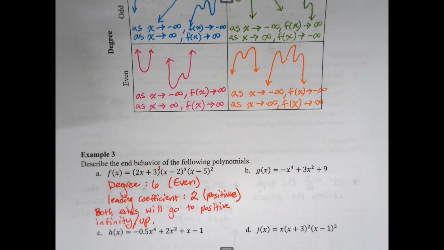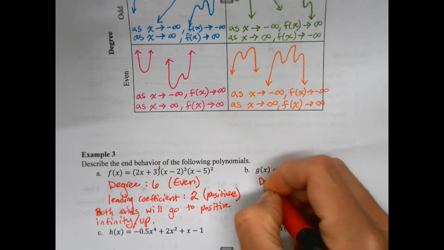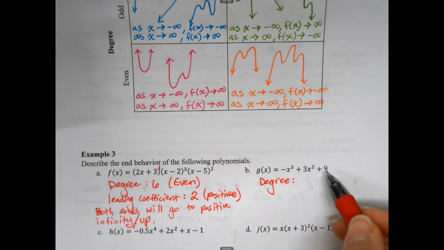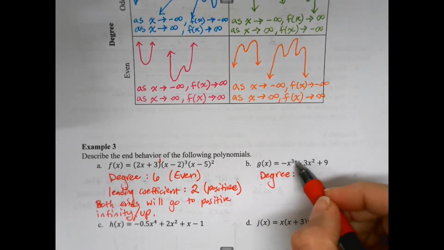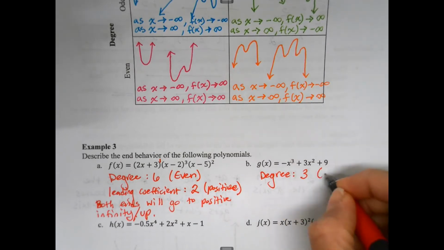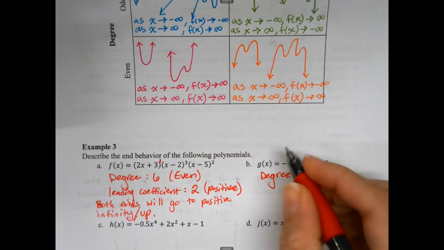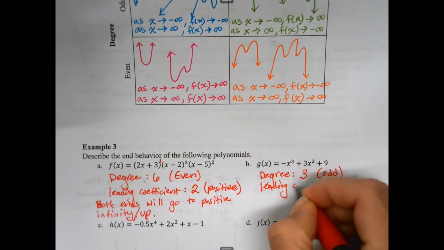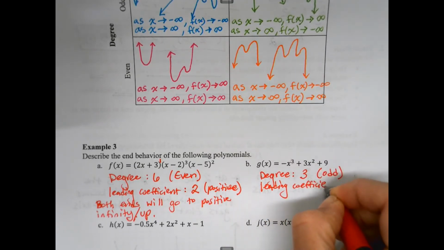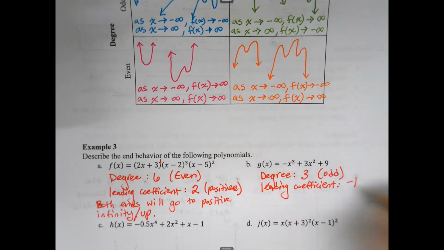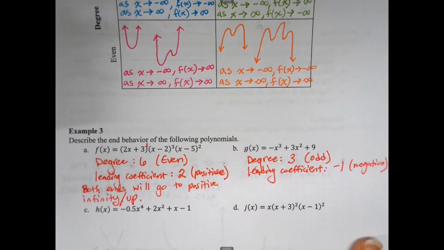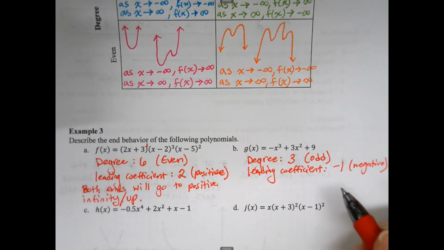Part B here, our degree. This example, we're in standard form, so the degree is the highest exponent. Our degree is 3, so it is odd. And our leading coefficient here is negative. Since this is an odd degree, our ends will go in opposite directions.